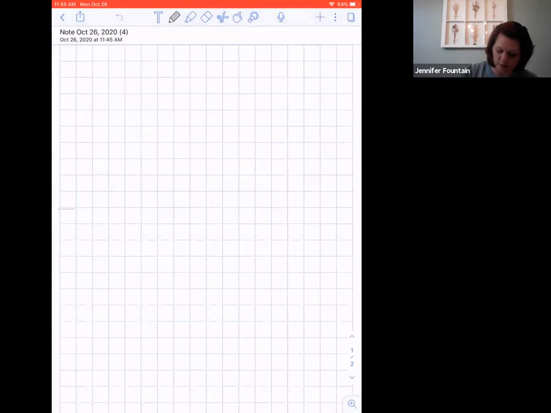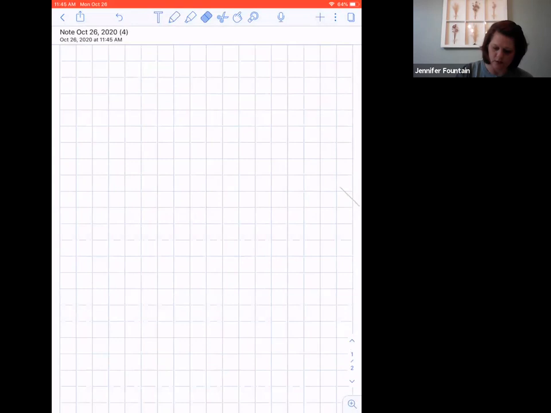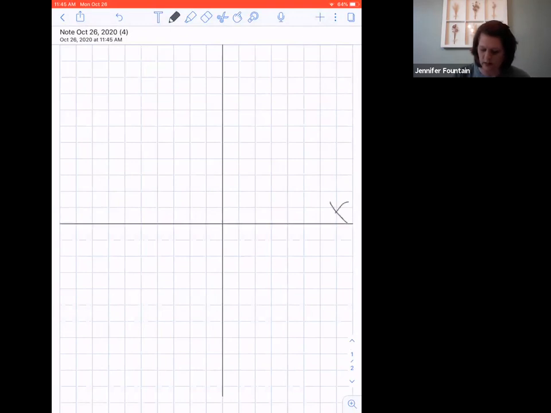So I'm going to go about midway for my x, about midway for my y, and go ahead and label them x and y. Let me make them darker. X, Y.